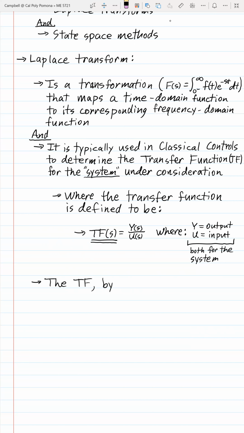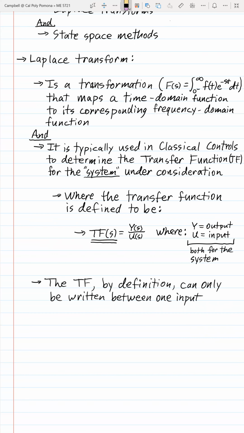So by definition, it can only be written between a single input and a single output.